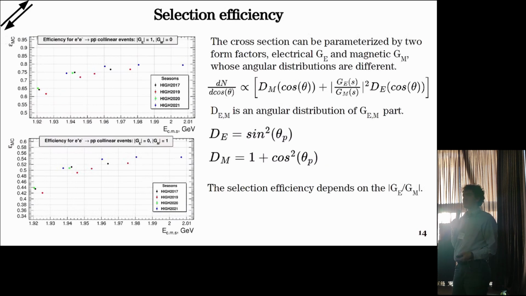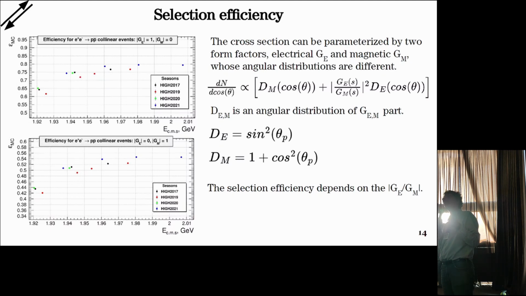The second step is selection efficiency, but here's the problem, because efficiency depends on electromagnetic form factors. We can parameterize the cross-section with two form factors that have completely different angular distributions, and therefore our imposed cuts yield different efficiency.